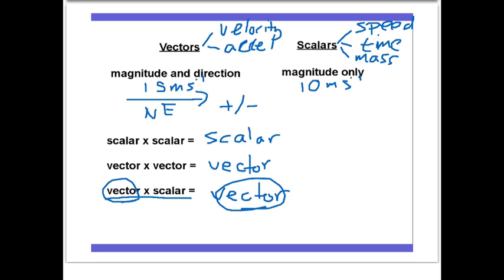So they will have the same direction. So if you have a vector in that direction, in your multiplication, your answer will be a vector in that direction. Things like F equals m times a, Newton's second law. Force is a vector, acceleration is a vector, they will always be in the same direction. So that's where that's important.